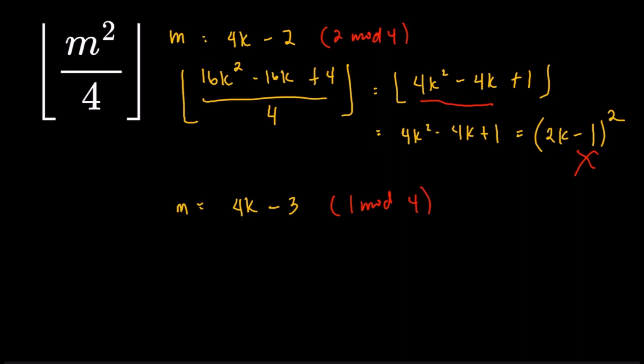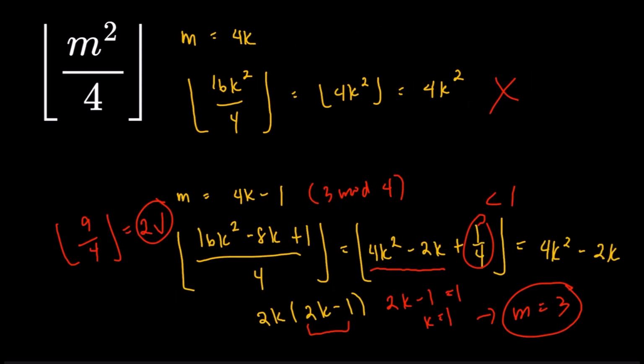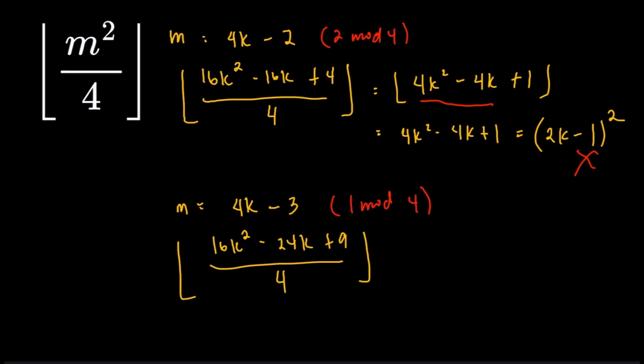So if m was 4k minus 3, take the square of that. So 16k squared minus 24k plus 9, and we're dividing it by 4 again. Again, we're going to do the similar trick as we did here in the 3 mod 4 case. We're going to split it into individual fractions. So 16k squared over 4, that's just 4k squared. 24k over 4, that's 6k.